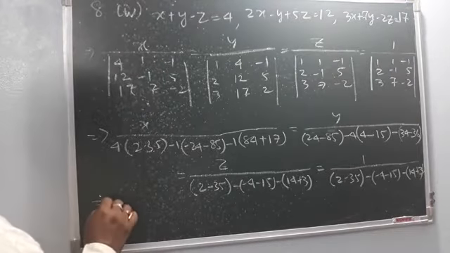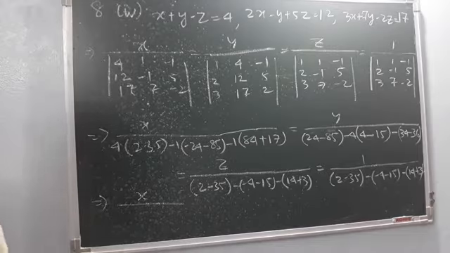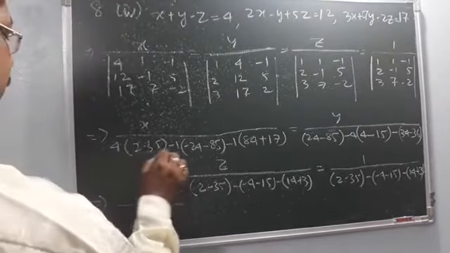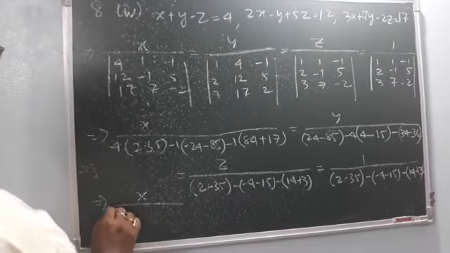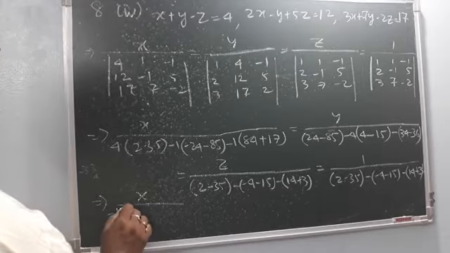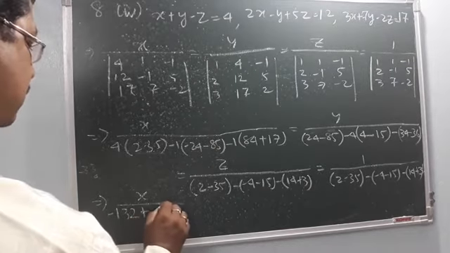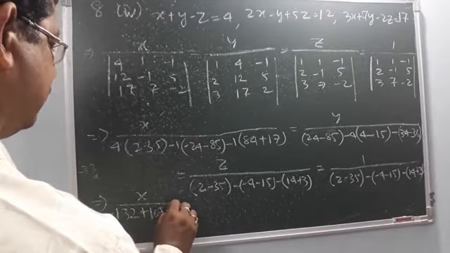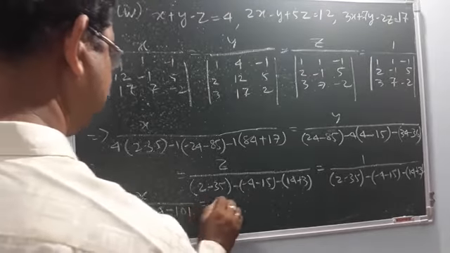So what we get after this simplification, we will get the total thing. This one can be written as, this is 33 into 4, so it is minus 1. Here it will be plus this, and here it is minus 101.